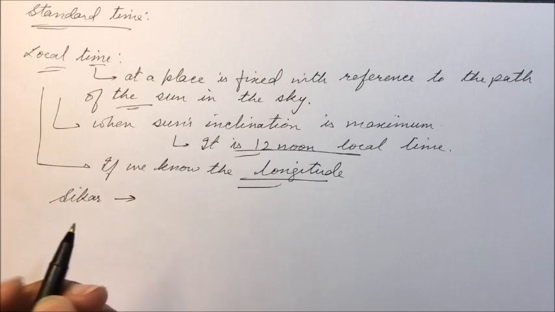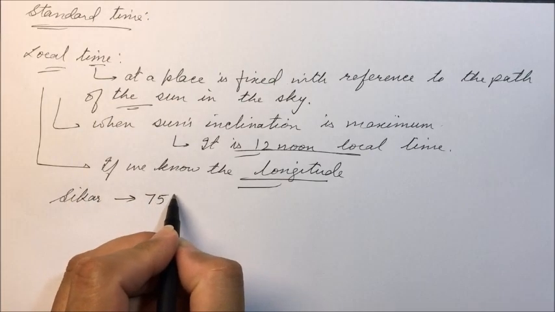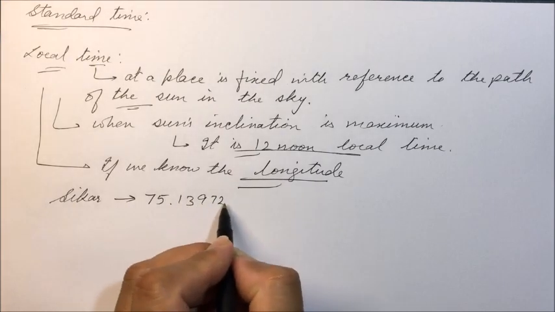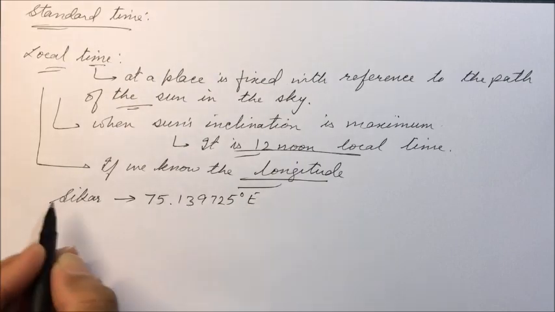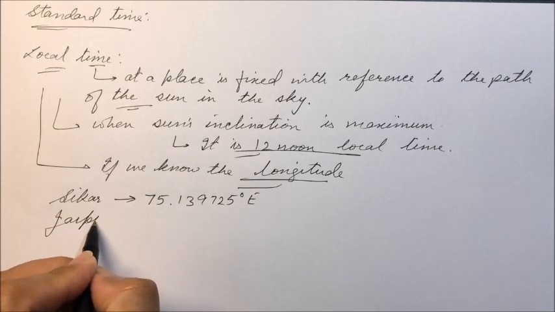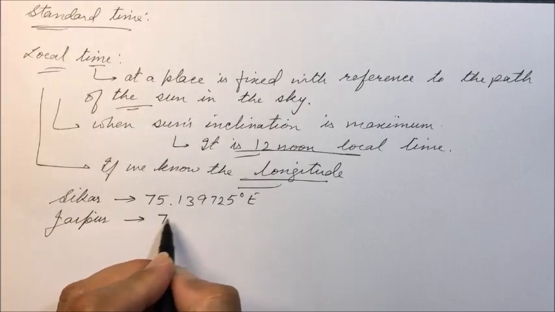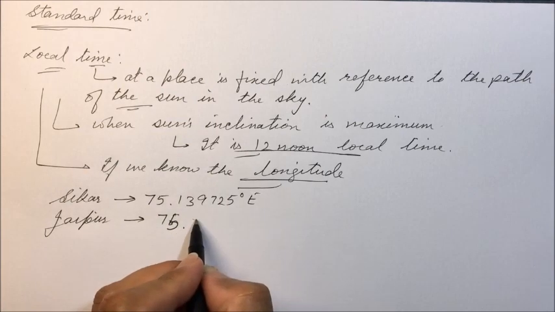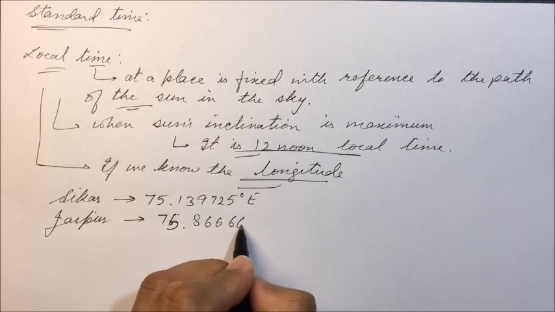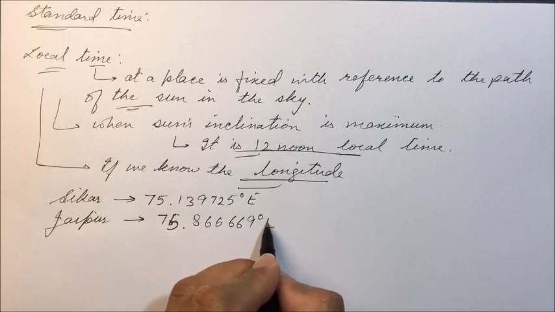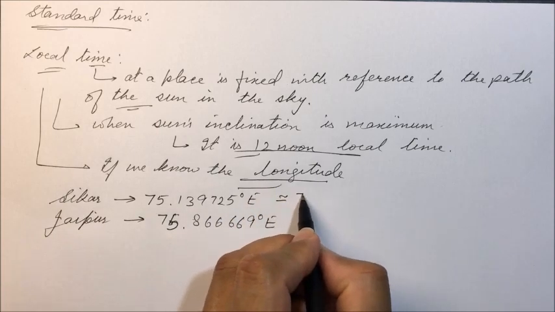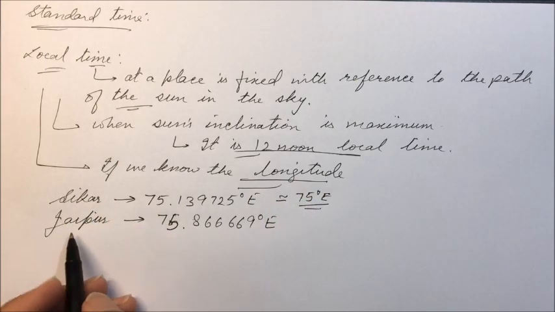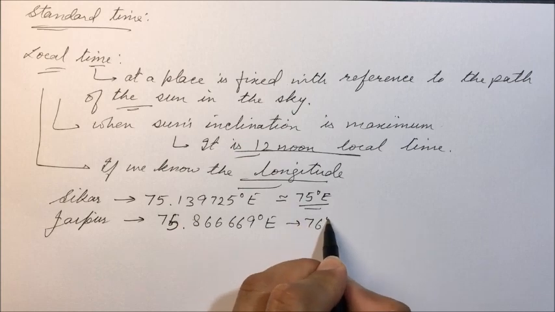Sikar has a longitude of 75.139725 degree east. Jaipur has 75.86669 degree east. So we take Sikar as 75 degree east and Jaipur as 76 degree east.